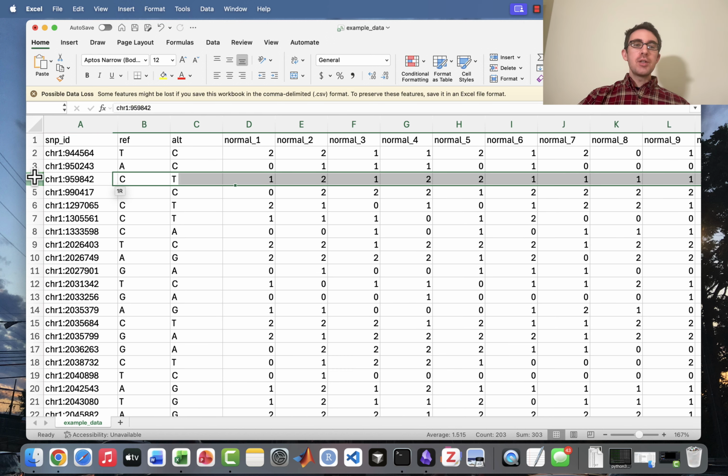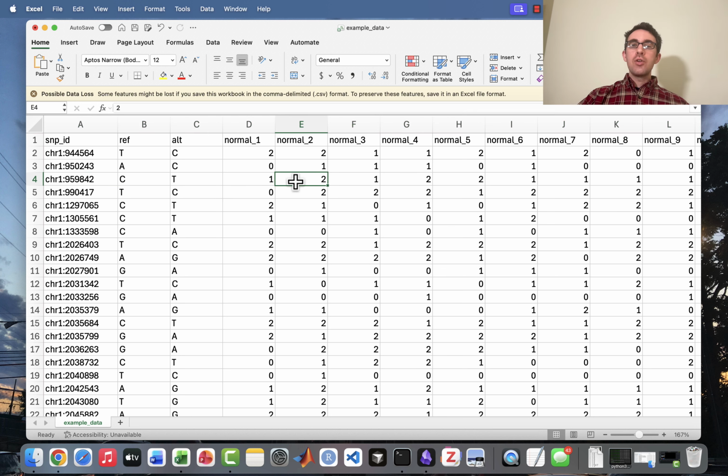For each SNP, we want to ask whether there's a pattern where particular genotypes, meaning whether you have 0, 1, or 2 copies of the alternate allele, make you more or less likely to have a particular phenotype, normal or zombie.